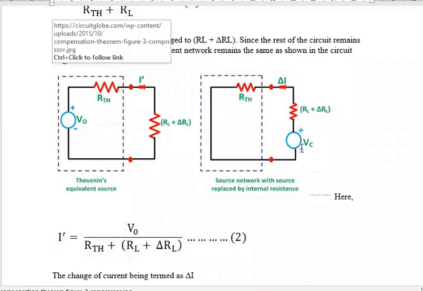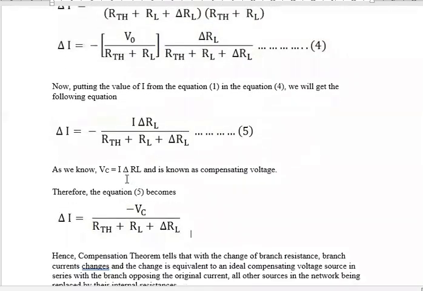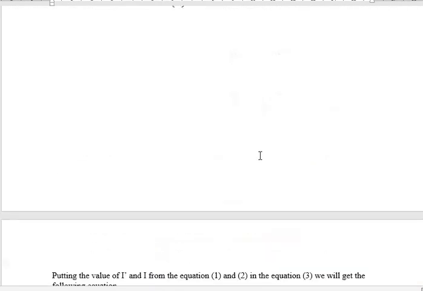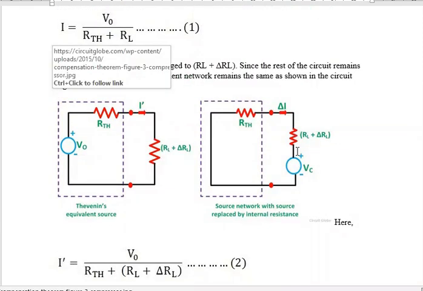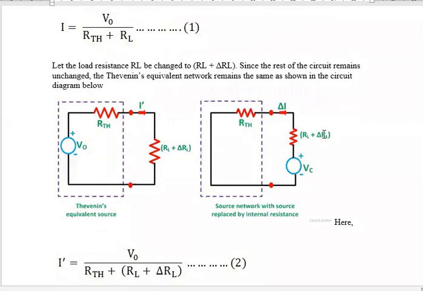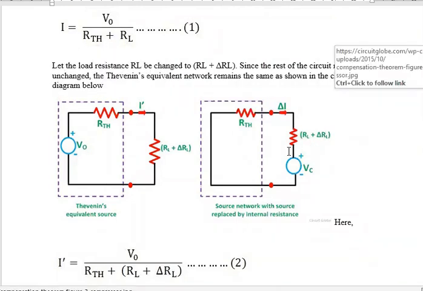How to draw this equivalent circuit? Just connect a voltage source of compensating voltage VC, equal to I into delta RL, in series with this load branch, which has RL plus delta RL, provided that all other voltage sources should be replaced by short circuit.